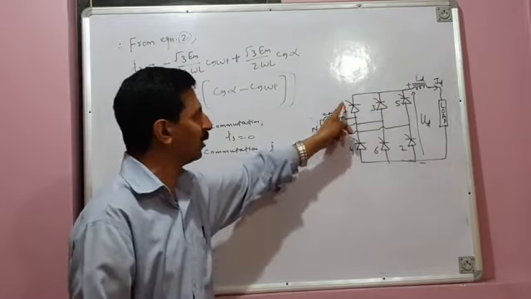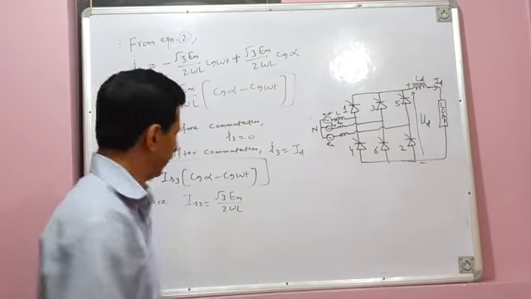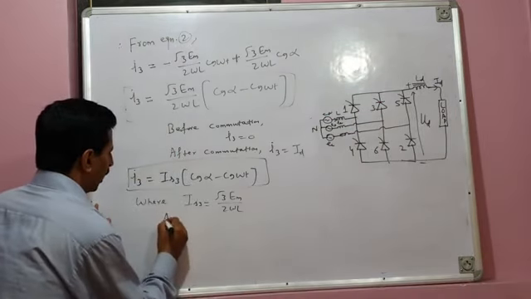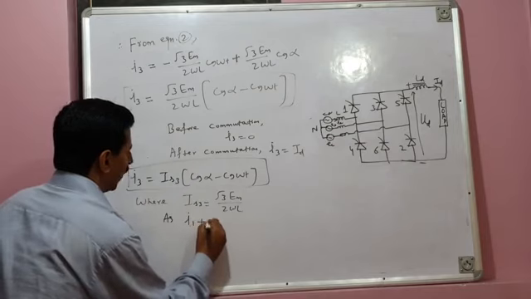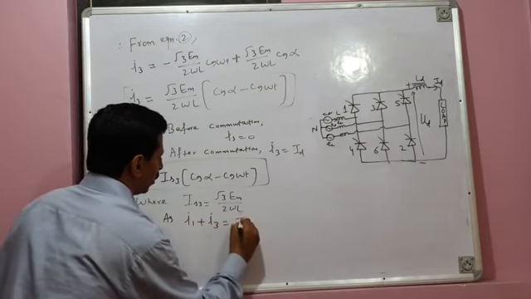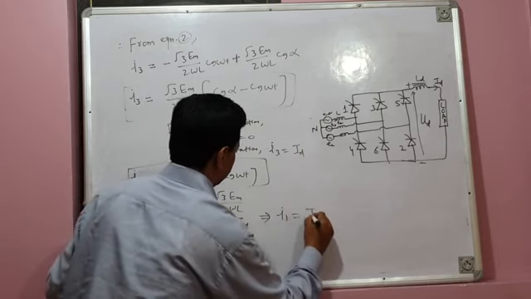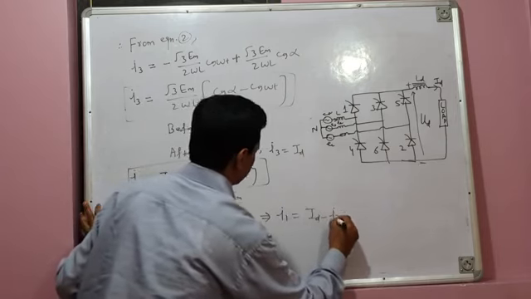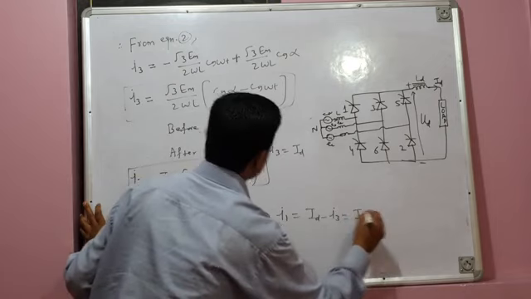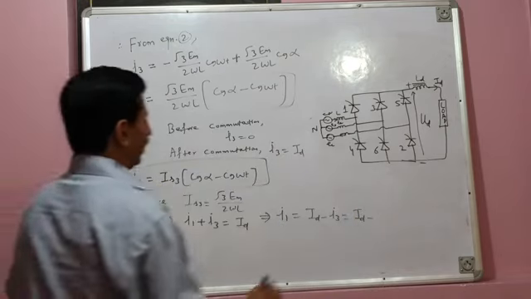What will be the current through valve 1 during commutation overlap? As we know, the sum of the two valve currents, I1 plus I3, is equal to ID. So this will give me I1. Therefore, I1 is equal to ID minus I3. What is I3? I have already calculated it.